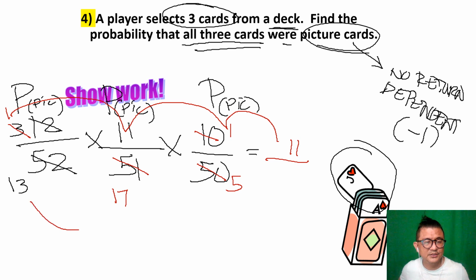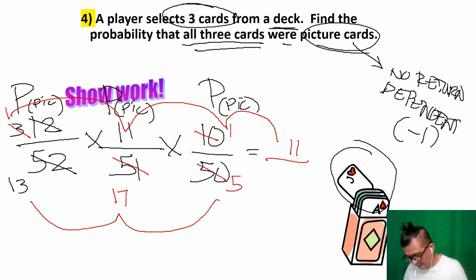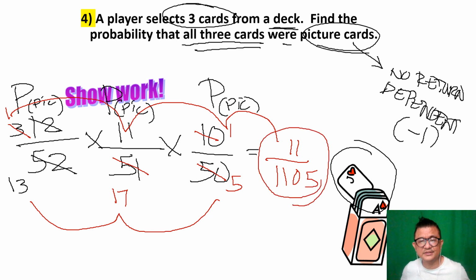So 13 times 17 times 5. 13 times 17 is 221. 221 times 5 is 1105. So the probability is 11 over 1105. That is very, very less likely, that the three cards you pick are three picture cards.